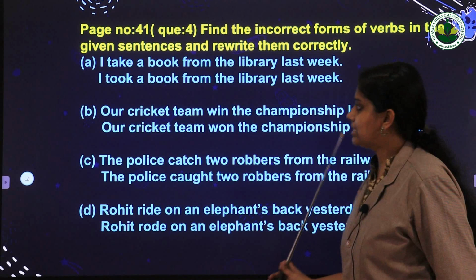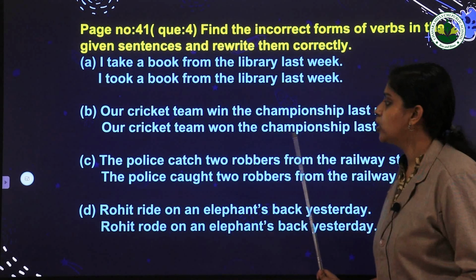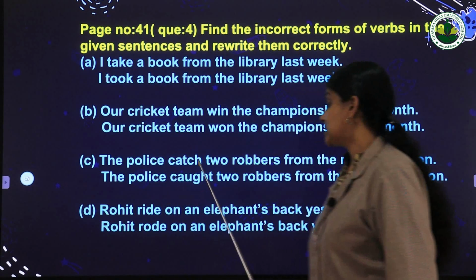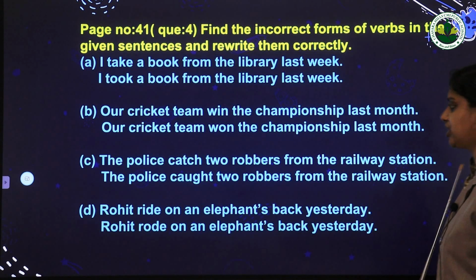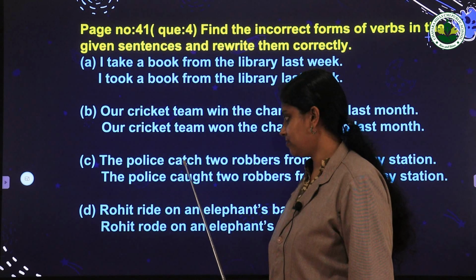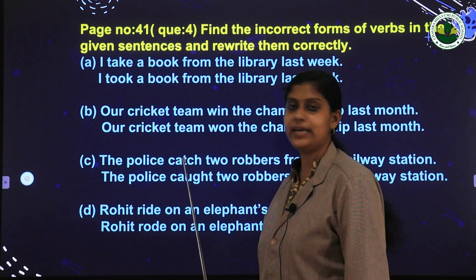Here you should first find the verb in these sentences, and then you should find the past form of that verb. Next one, the police catch 2 robbers from the railway station. Here catch is the verb, and you should find the past form of the verb catch.